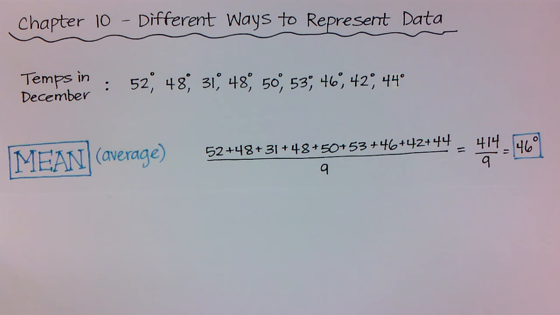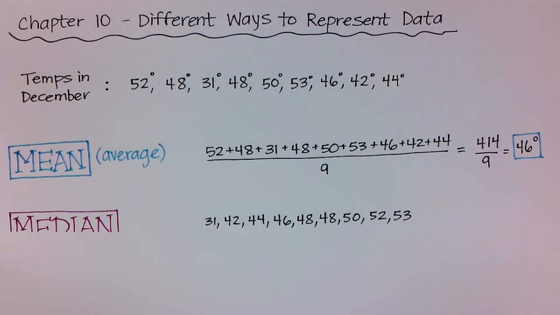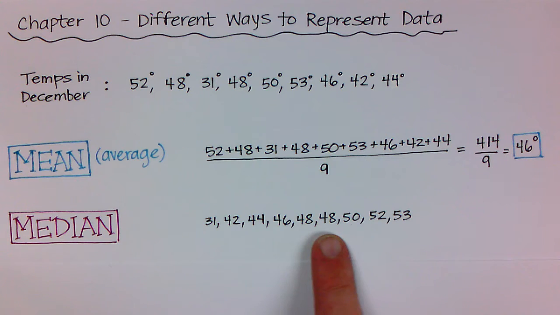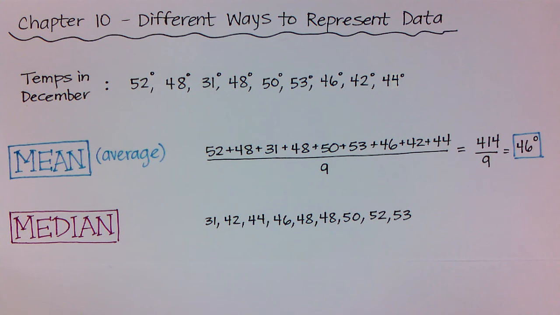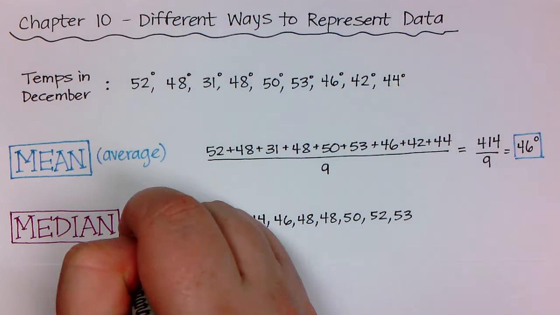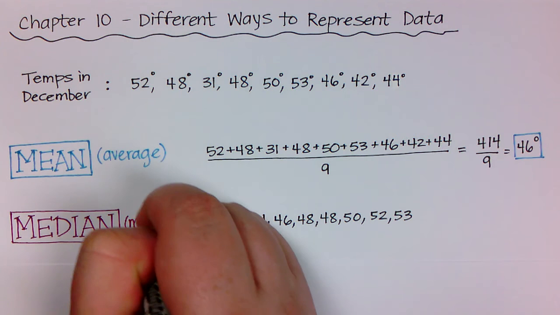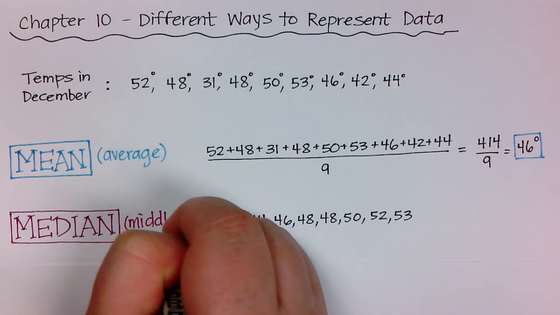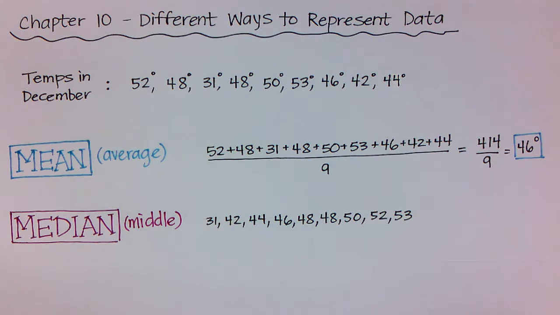The second way that we're going to represent this data is with the median. And what's important with the median is, first of all, you need to line up all of your numbers in order, from the smallest to the largest. And what we're looking for is the middle number. That's what median is. Just like on a freeway, the median is right in the middle of the freeway.